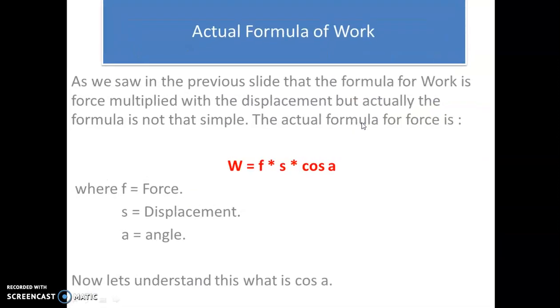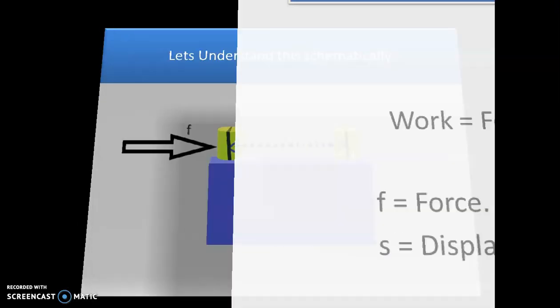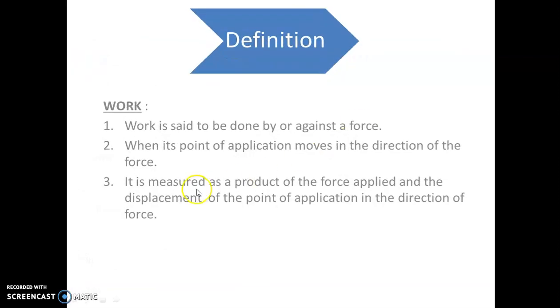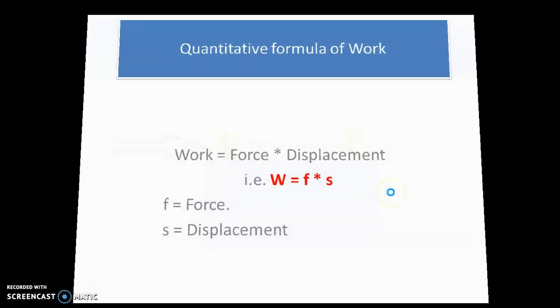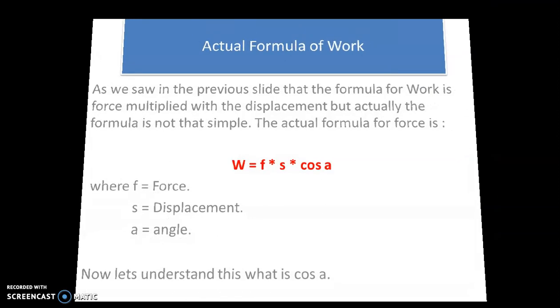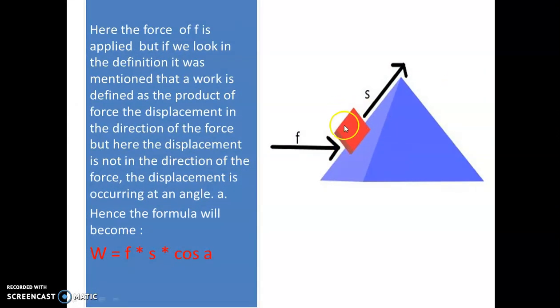In the definition of work, what have we learned? We have learned that it is measured as the product of force applied and the displacement of the point of application in the direction of the force. In the direction of the force. Now guys, tell me, is the displacement happening in the direction of the force? Force is applied here in this direction.